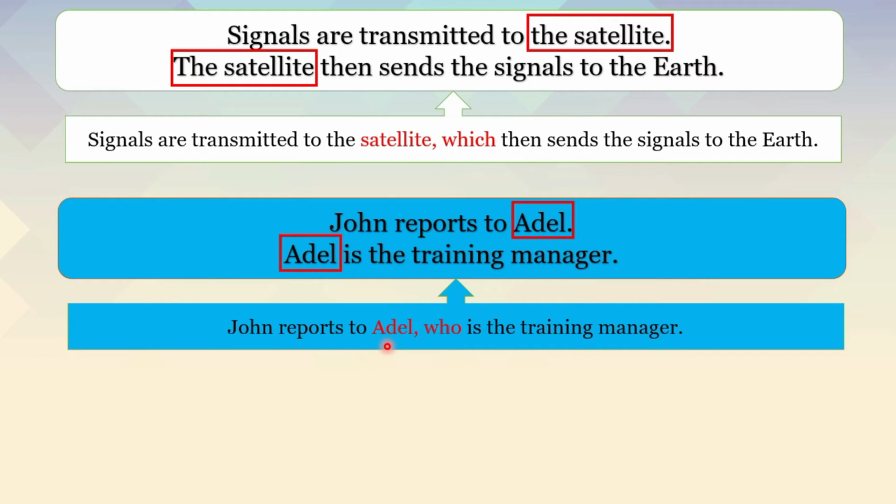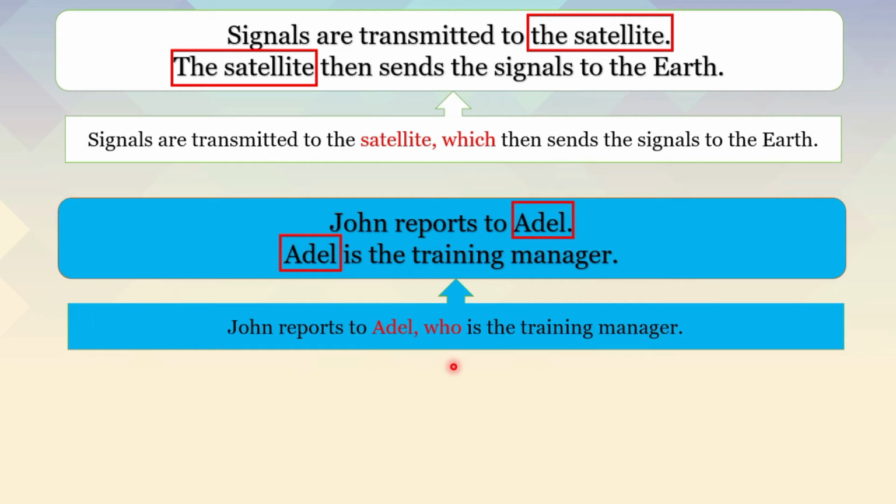John reports to Adil, who is the training manager. We have replaced the full stop in the first sentence with a comma, and Adil in the second sentence with the relative pronoun who.